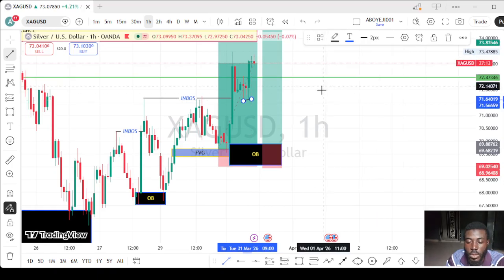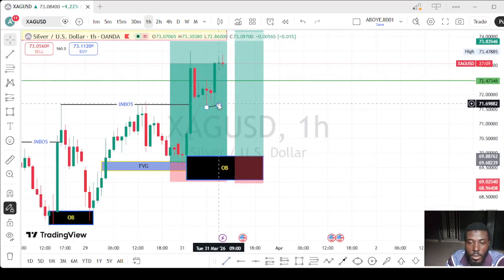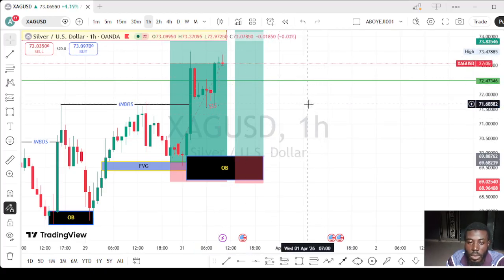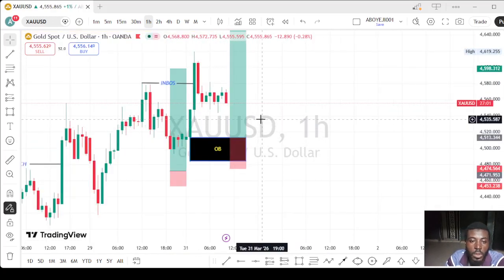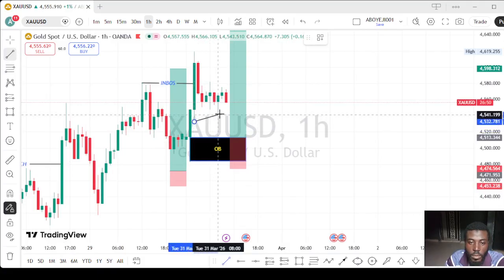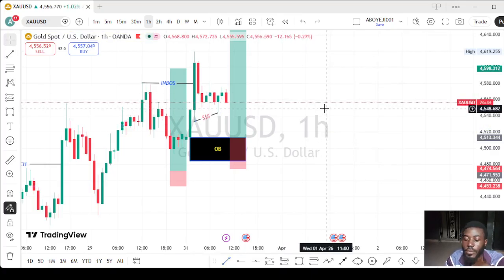And on gold also, all this will serve as liquidity. So this is what we are having on gold and silver.